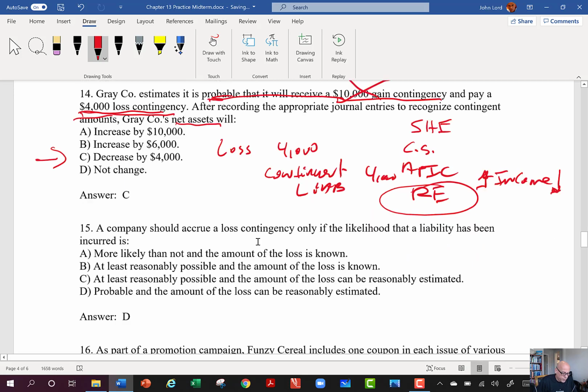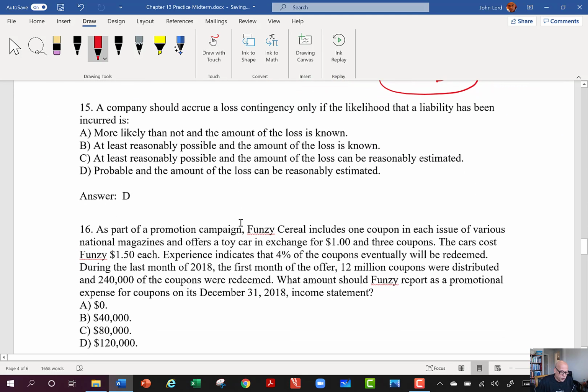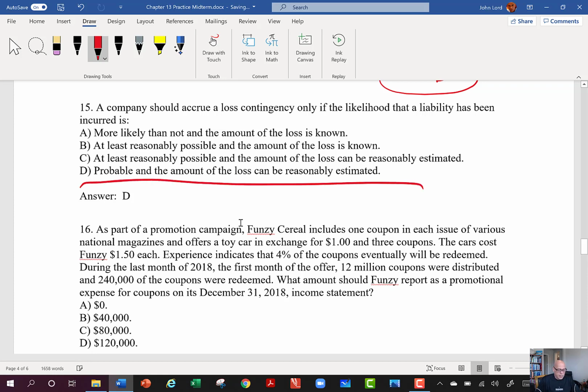Okay, good. Number 15. A company should accrue a loss contingency only if the likelihood that the liability has been incurred is probable and, of course, the amount has to be reasonably estimated. And again, if you can't come up with a reasonable estimate, disclose. If you could come up with a range, then you would book the lower end of that range.